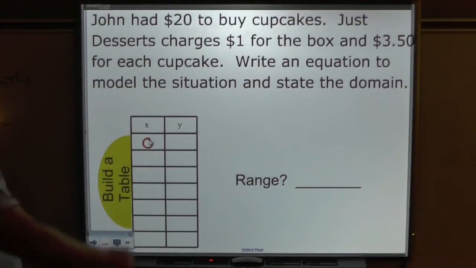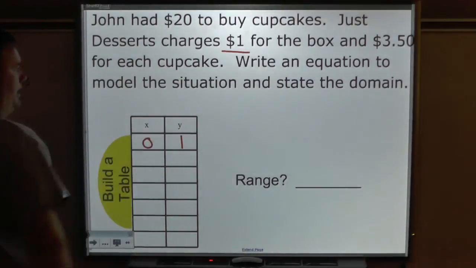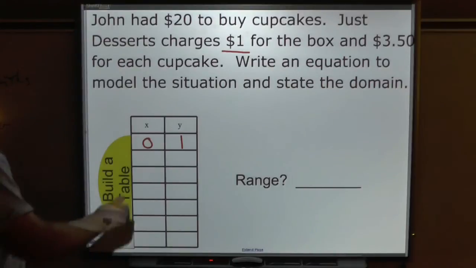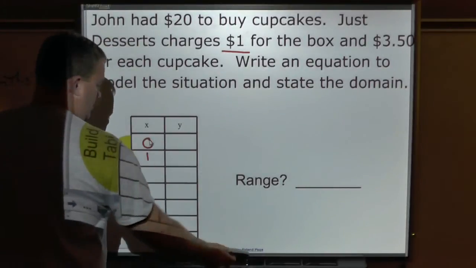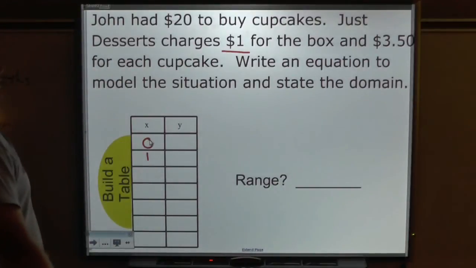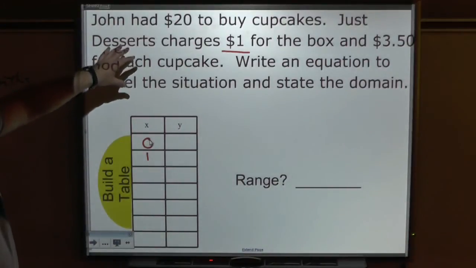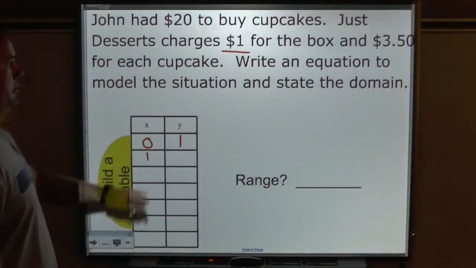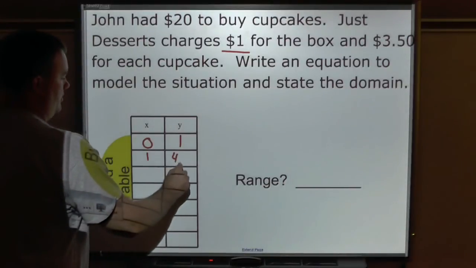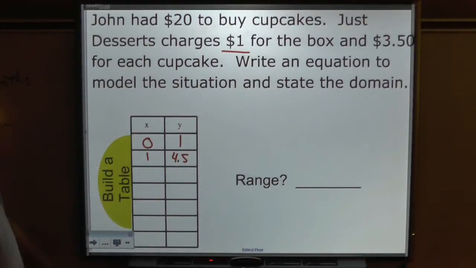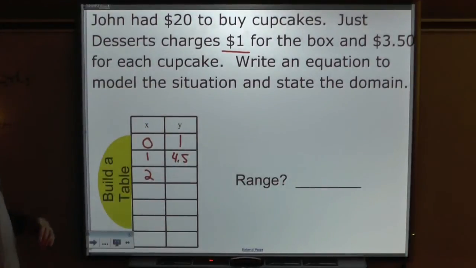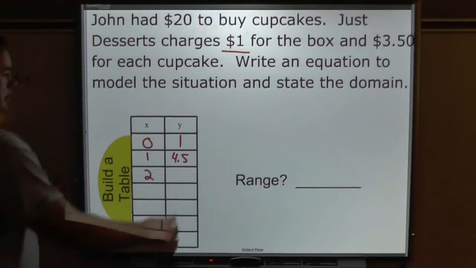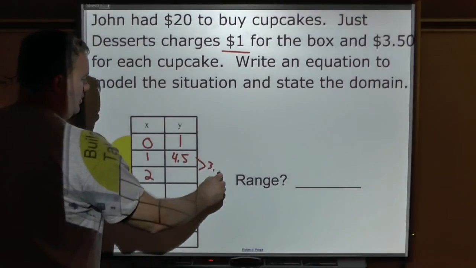Starts at 0, he has to pay $1. It's $1 for the box. He's got $20, right? Well, no, we'll do it this way, okay? So he buys one cupcake, that's going to cost him $4.50. $3.50 for the cupcake, $1 for the box. 2 cupcakes, add on another $3.50.